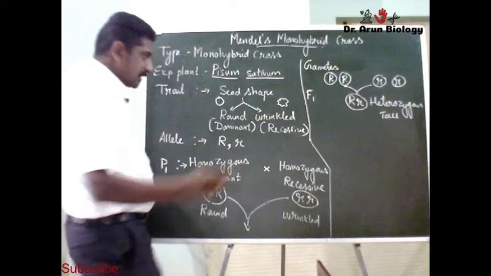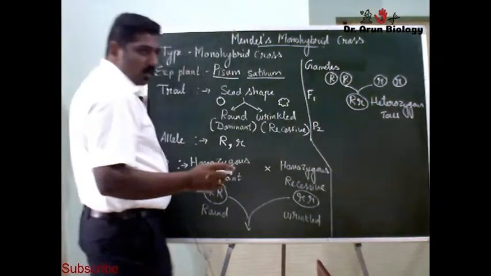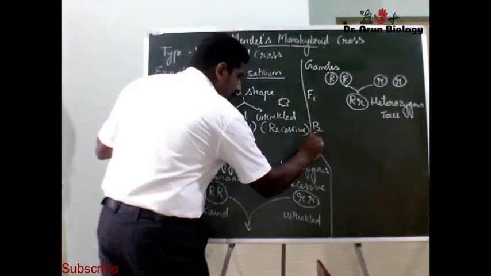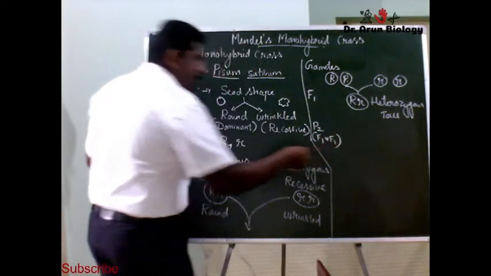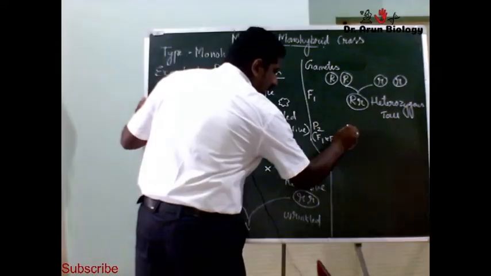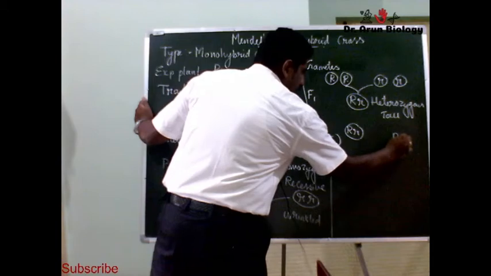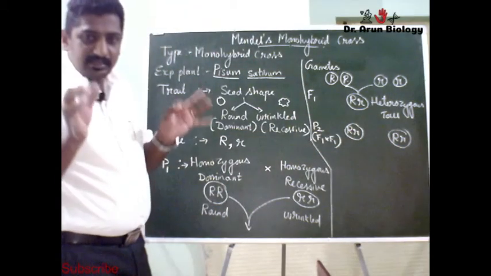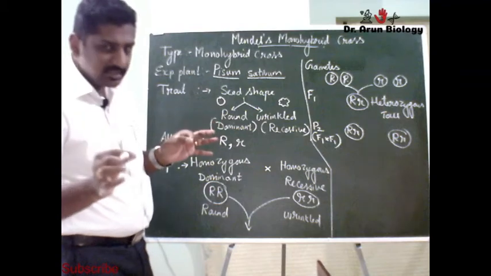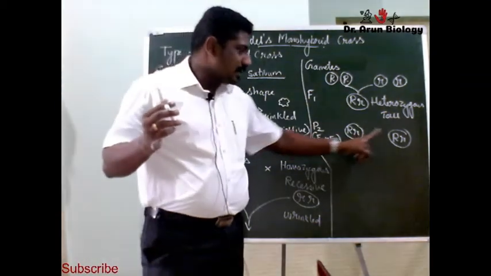What is the third step? The third step is parent number 2. Parent number 2 is nothing but F1 into F1. So we took capital R and small r, capital R and small r. Characters are controlled by a discrete unit called factors, which today we call genes, and factors always occur in pairs.